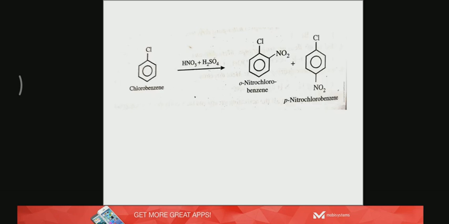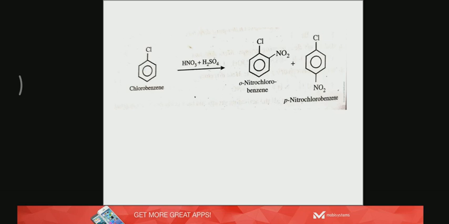So we have learned in this class about reactivity and orientation of electrophilic substitution reactions in mono-substituted benzene. There are mainly two types of functional groups. One is electron donating groups, which are activating and ortho-para directing.